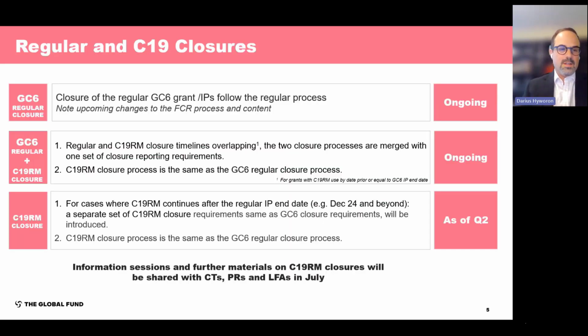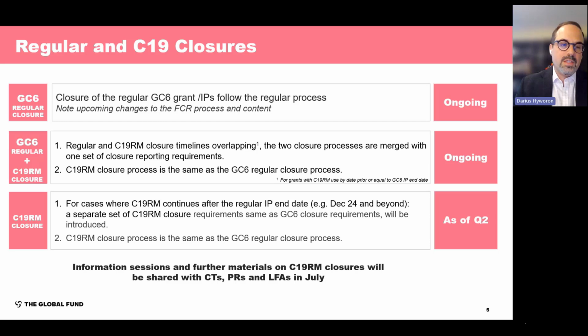One is a GC6 grant that does not have any C19RM component. That will follow the regular closure process. So the GC6 regular grant only will not change the actual closure process, but we will talk about the financial closure report and the content and the process for that, which is a bit different.